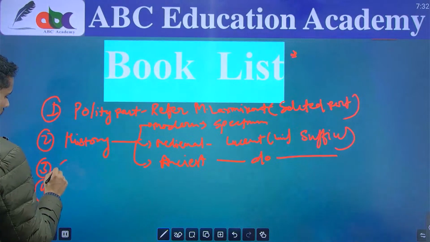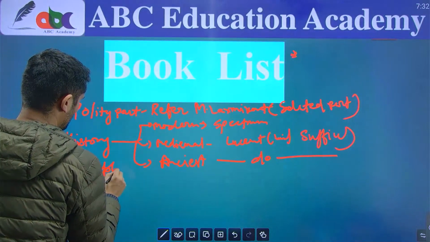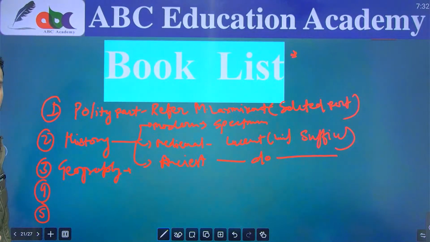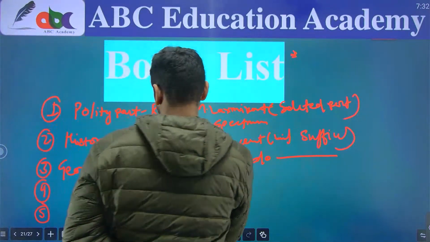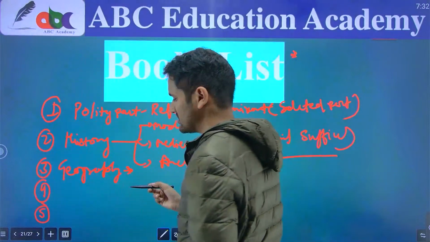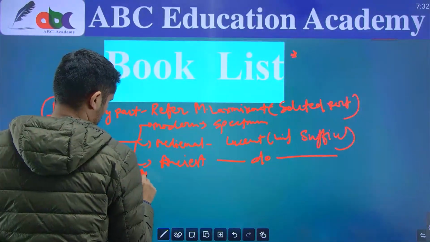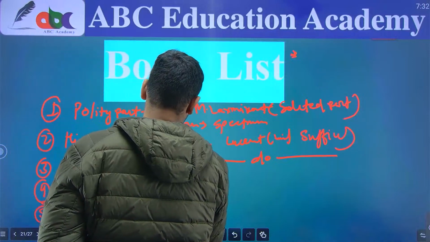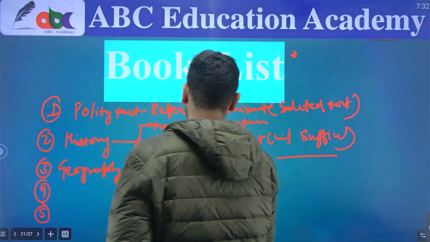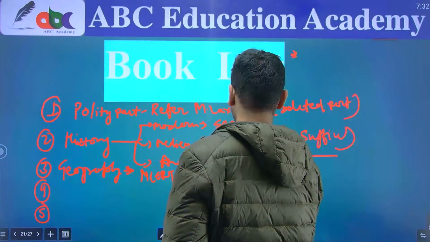Now we will talk about geography. As you know, only Indian geography is part of this exam. So you can either go for NCERT or Mahesh Kumar Barnwal.